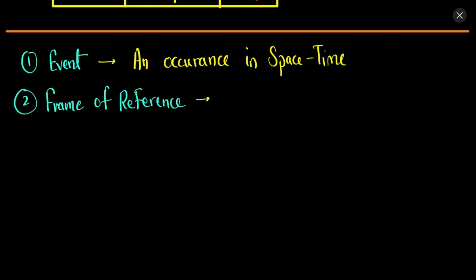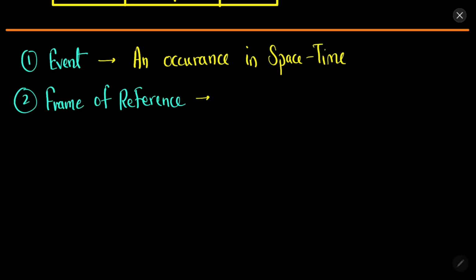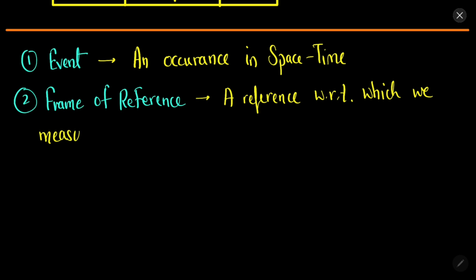A frame of reference is a reference with respect to which we measure an event's space and time coordinates.